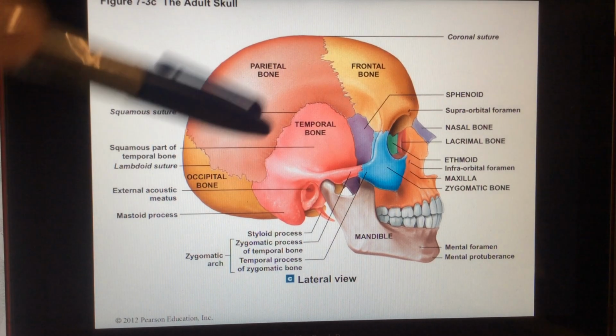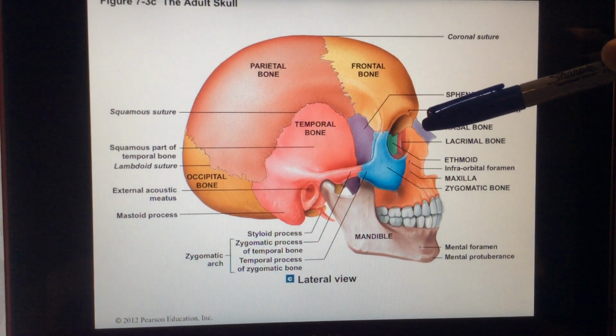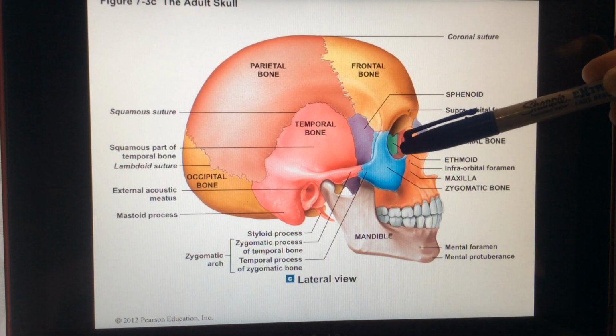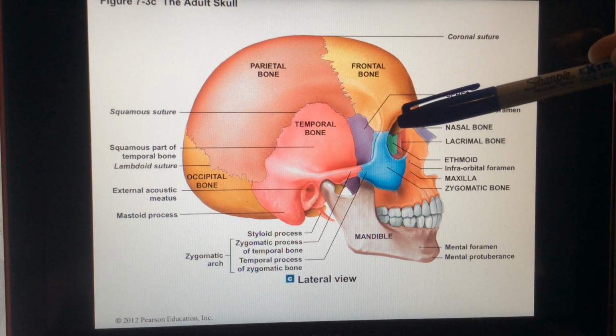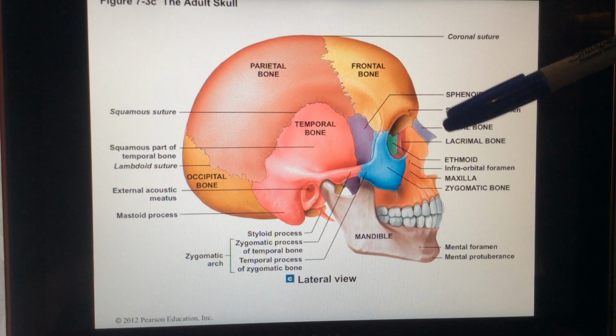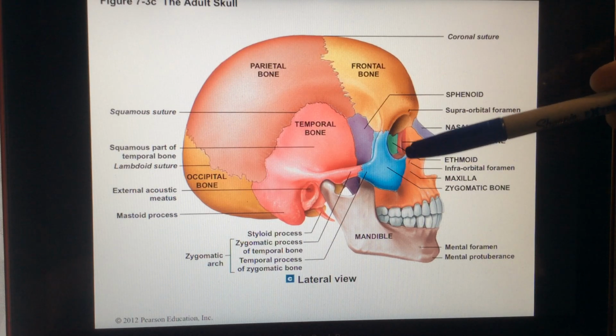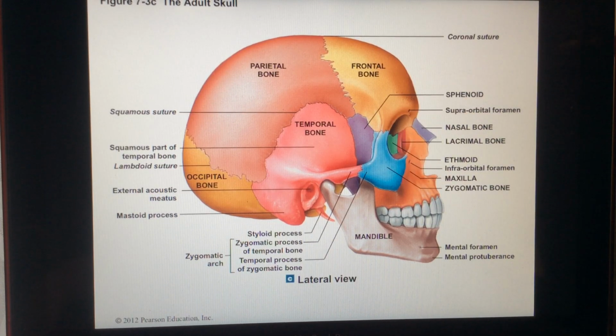Again, you can appreciate more of the bones of the orbit of the eye: frontal, nasal, maxilla, lacrimal, the smaller one right there, the ethmoid, portions of the sphenoid bone, and the zygomatic bone.